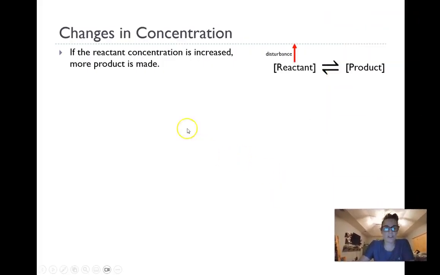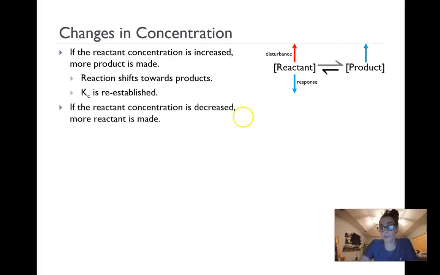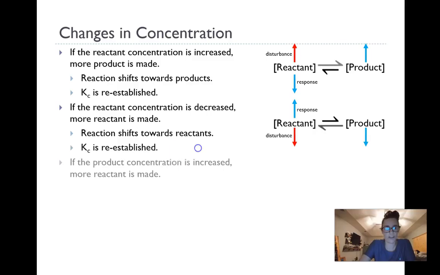So what happens if there is a change in concentration? If the reactant concentration is increased, then the reaction is going to shift to the right to make more product until the equilibrium constant is reestablished. If the reactant concentration is decreased, then more reactant is going to be made. The reaction will shift to the left in order to make more reactant. So that is the response until equilibrium is reestablished.